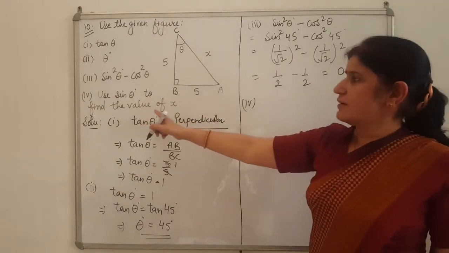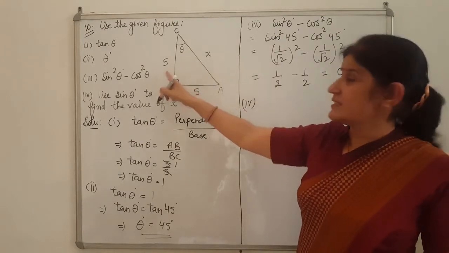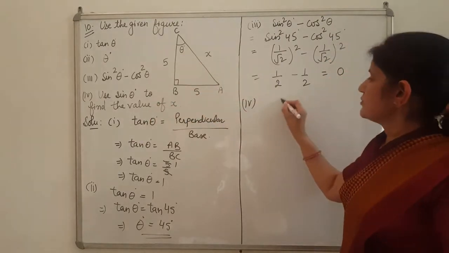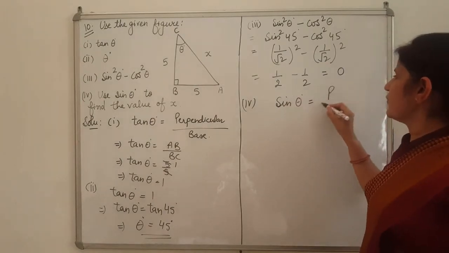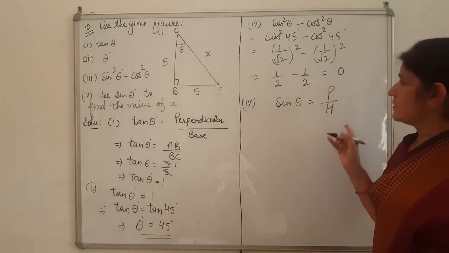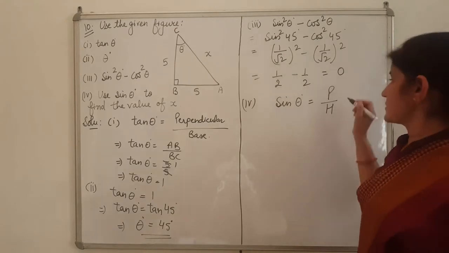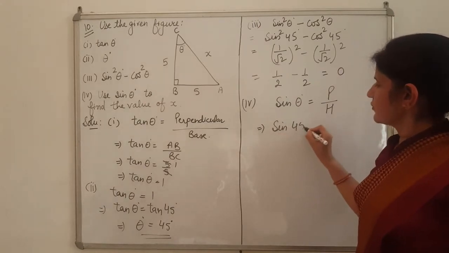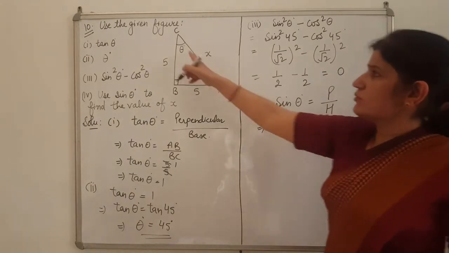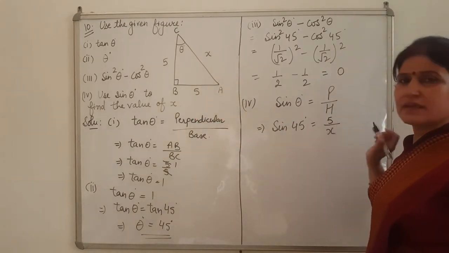use sin theta to find the value of x. This hypotenuse you can't find out by 5. They said use sin theta. So sin theta means perpendicular over hypotenuse. This we have done in the last chapter, 22nd, trigonometrical ratios. Okay. Now substitute theta as 45 degrees. According to this, perpendicular is 5 and hypotenuse is x.